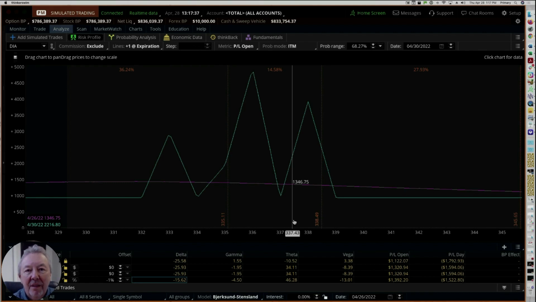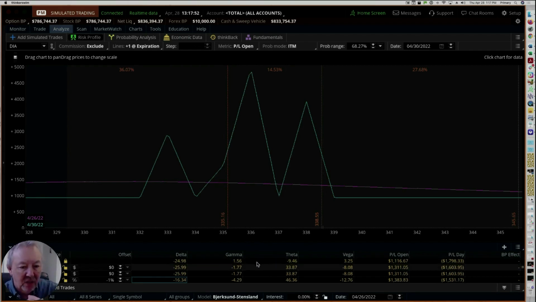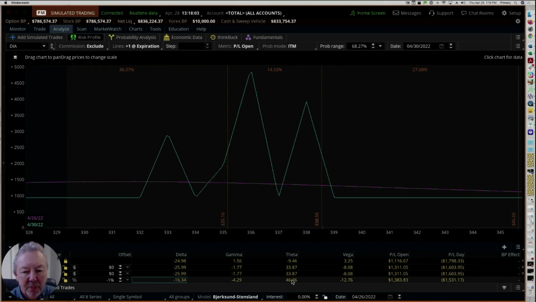And there is one more advantage that I hadn't mentioned yet, and that is that these butterflies pretty much neutralize the Greeks. For example, you can take a look down here at the delta, the gamma, the theta, and the vega. You can see that for the most part, the theta is pretty good.